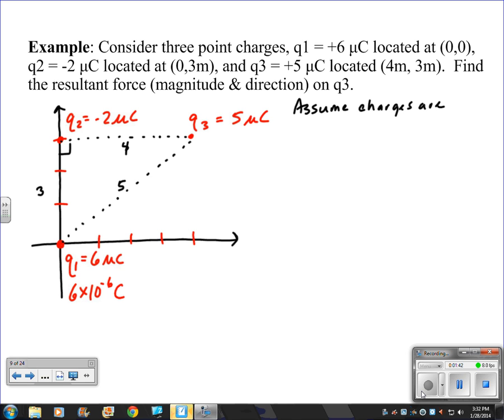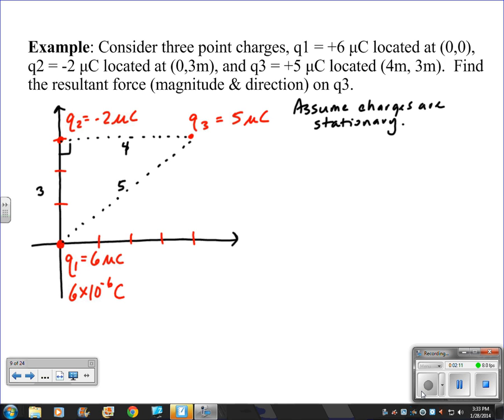In other words, they're being held in place. If the charges were free to move, if they were floating in outer space, the problem would become much, much more complex. So we're just going to find the forces on Q3 in that first instant, while the charges are stationary.